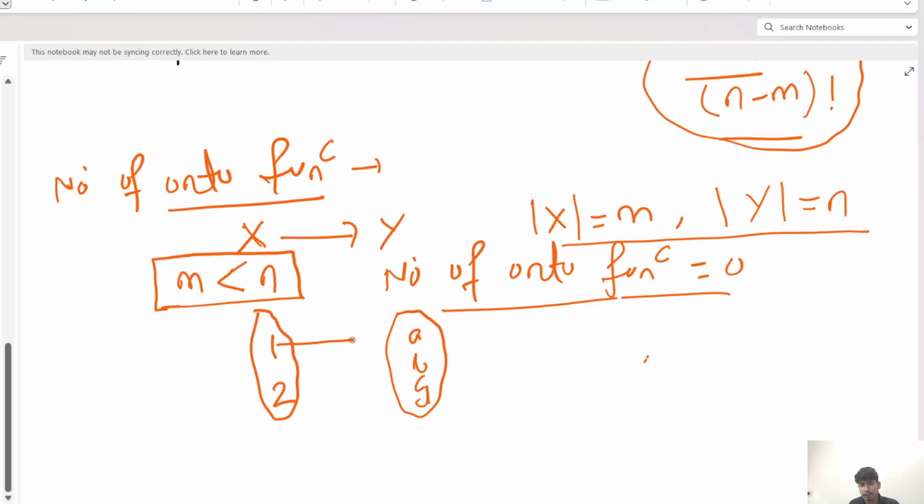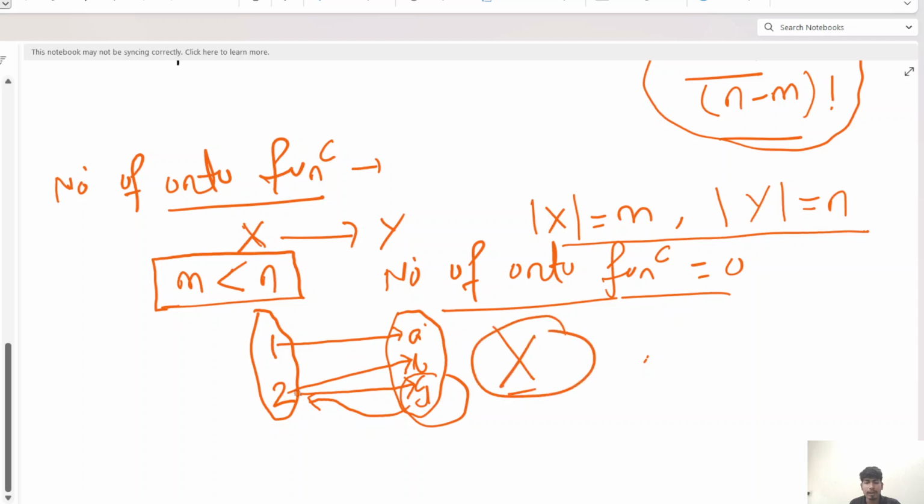If we map 1 to a and 2 to b, then c and d have no pre-image, so this is not onto. If I map 2 also to c, then this is not a function, because one element can't have more than one image. This implies if m is less than n, the number of onto functions is 0.